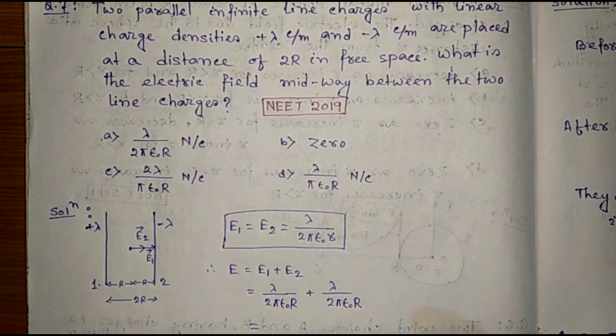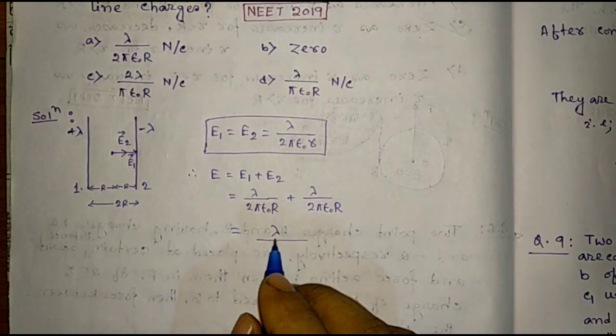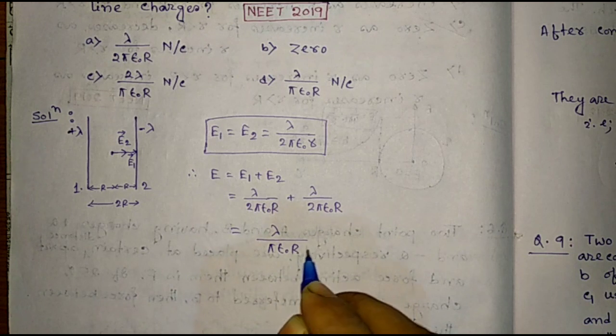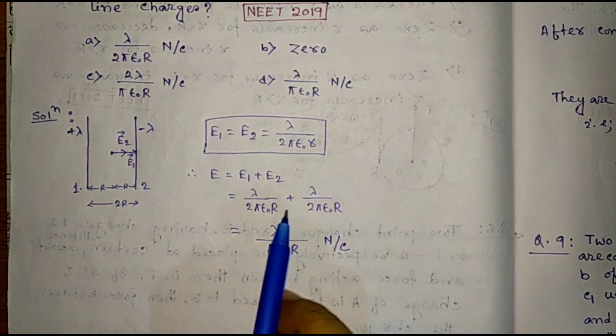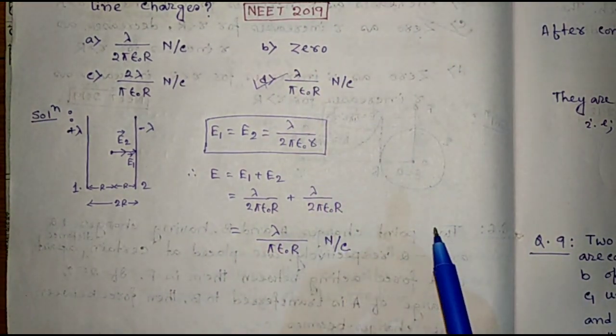It is equals to lambda by pi epsilon naught r. Unit is Newton per Coulomb. So the right answer is option D, lambda by pi epsilon naught r Newton per Coulomb.